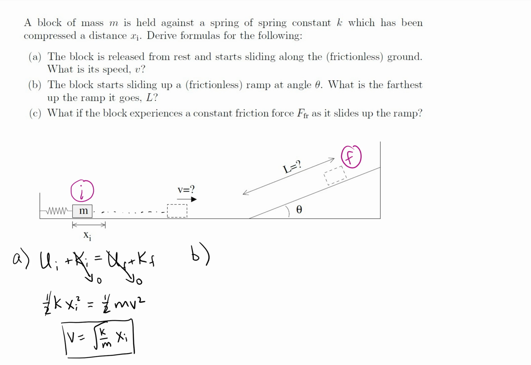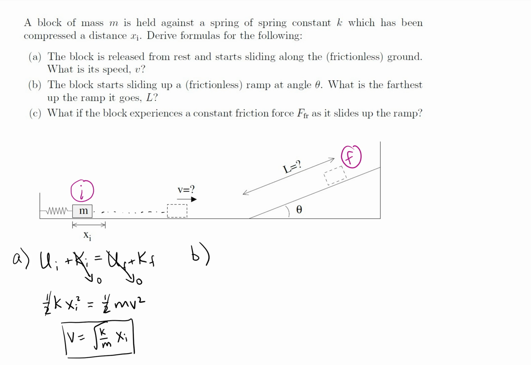I'm going to say now my final position is over here up the ramp. I'm going to leave my initial position as on the spring. If you wanted to, you could call this your initial position, and it should work either way. That's sort of your choice, but I'm going to do it this way, leaving the initial position as the compressed spring.